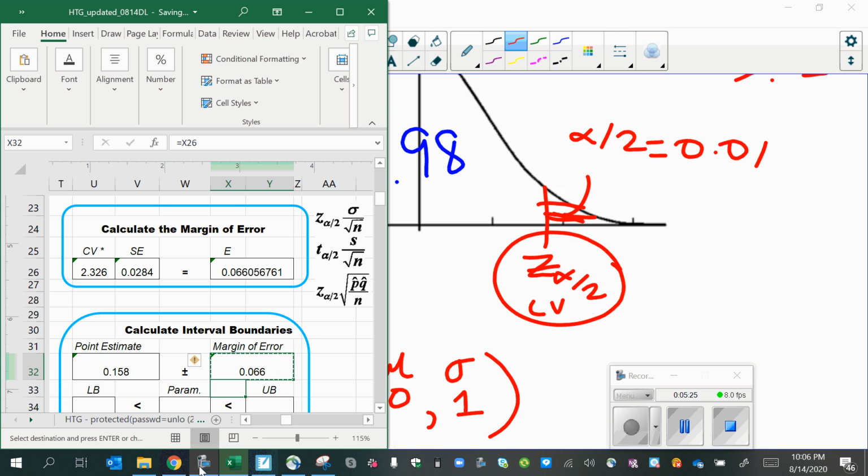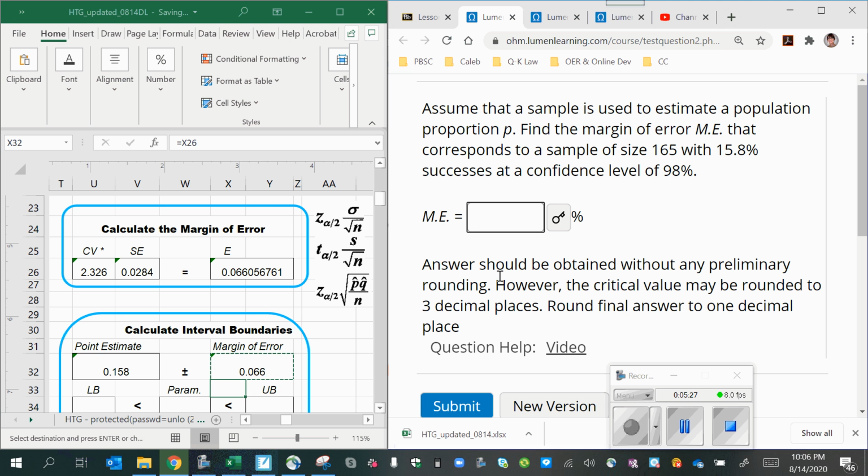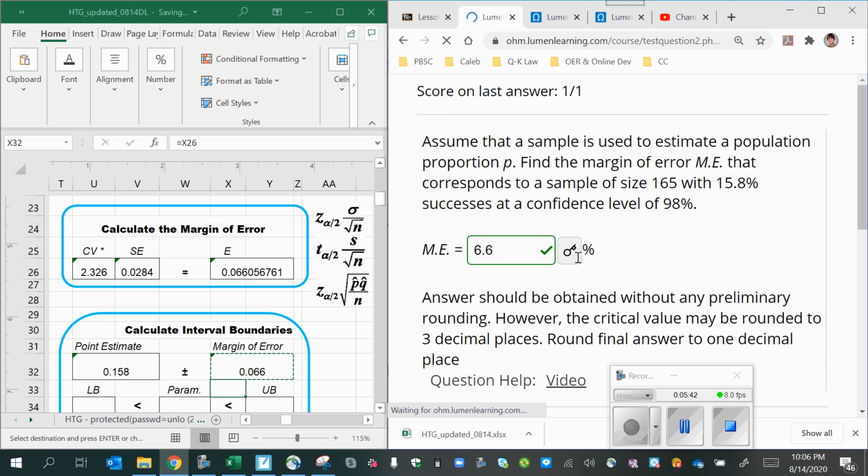Let's see how that goes. We'll try that. And it wants it as a percentage. So I'm going to move my decimal place over, in other words, multiply it by 100 and it'll be in percentage form. Okay, so that one's done.